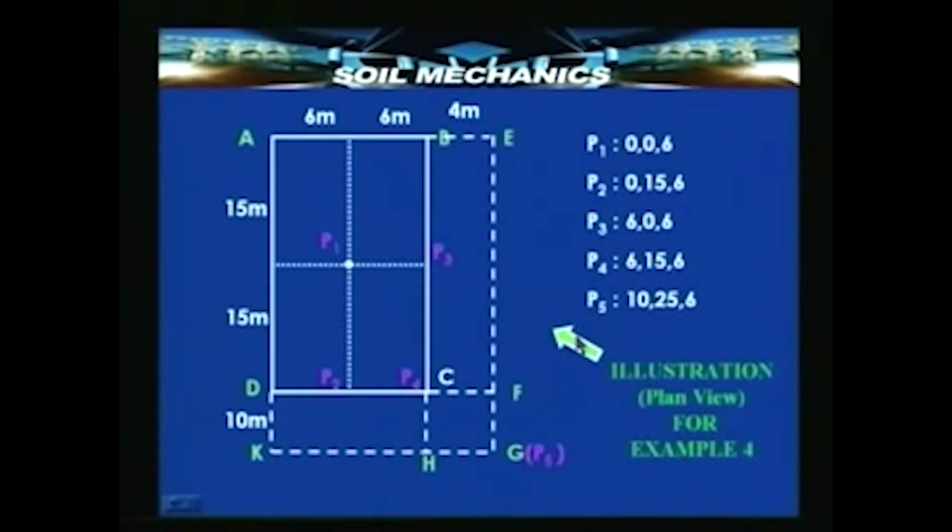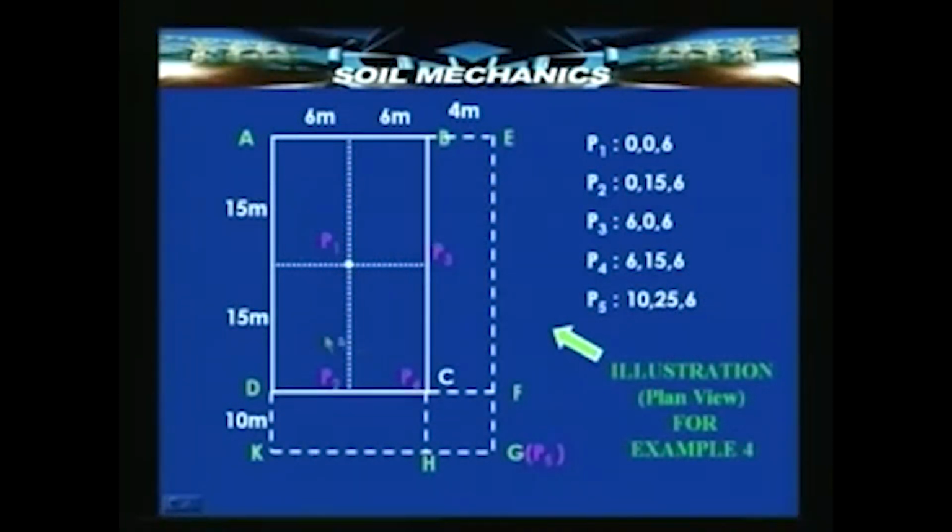So, now what we need to do is to successively put these points below the corner of a rectangle and calculate the influence coefficient and then compute the vertical stress. For example, if I take P1, if I consider these 4 small rectangles which meet at this point P1, I can say that P1 is already at the corner of 4 different rectangles.